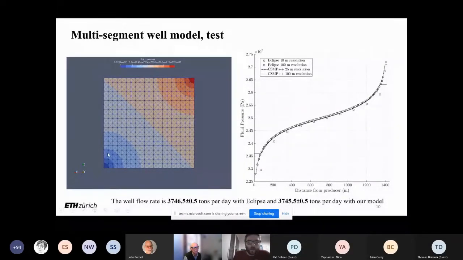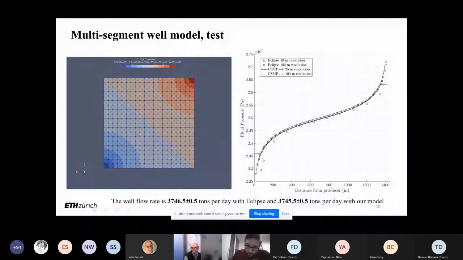Under very specific conditions, 250 bars, 140 degrees, we compared our results with the results coming from Eclipse simulations. We have the injector at 280 bar and the producer at 220 bars.